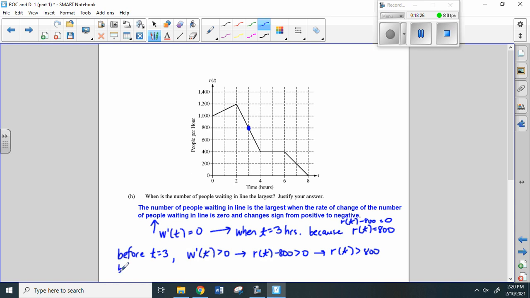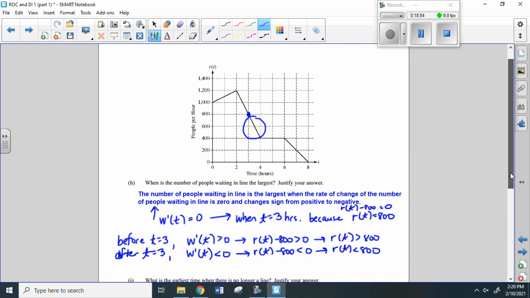All right, so now let's see what's happening after time 3. We're hoping that w prime of t is negative. Well, remember, that's the same thing as figuring out if r of t minus 800 is negative, which would be the same thing as figuring out that r of t is less than 800, and we can see in the graph here that it is.